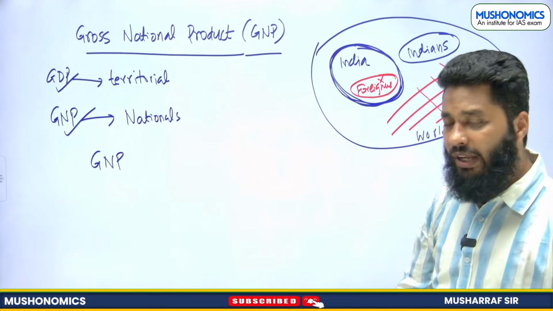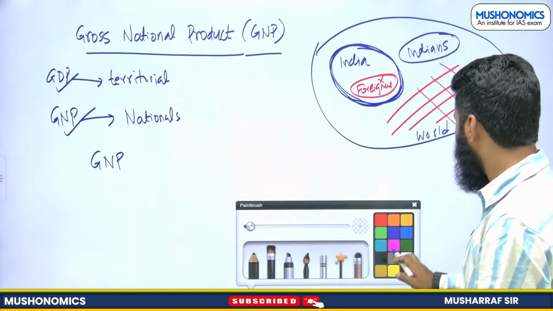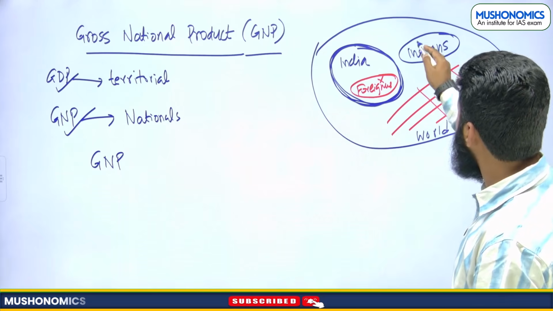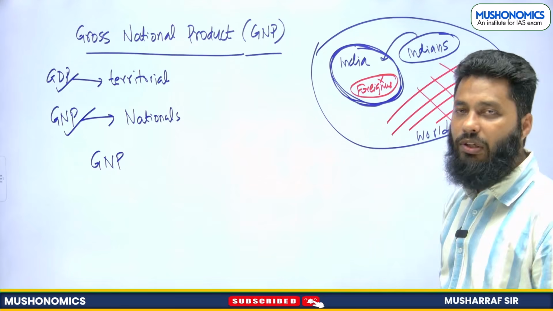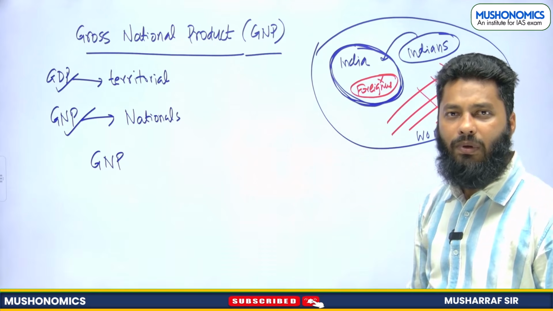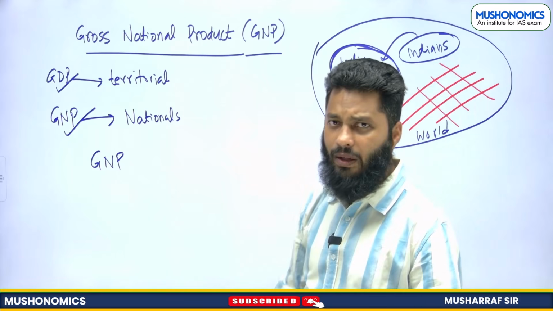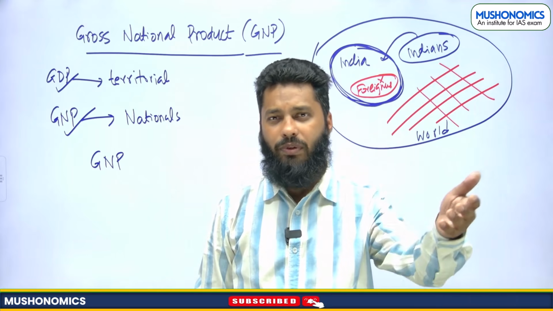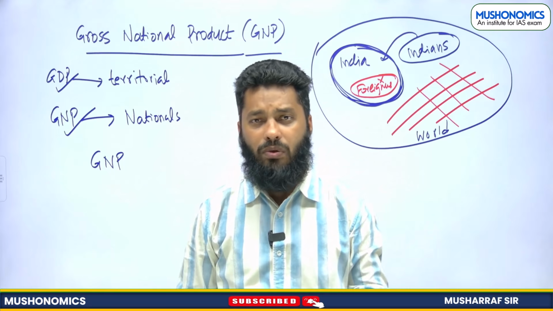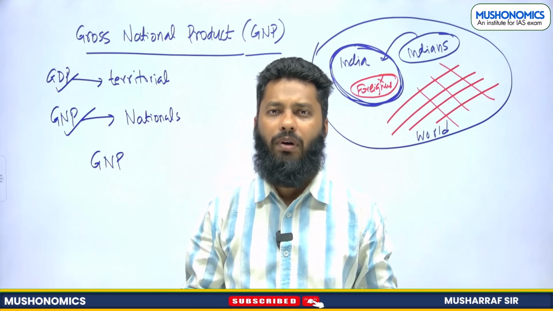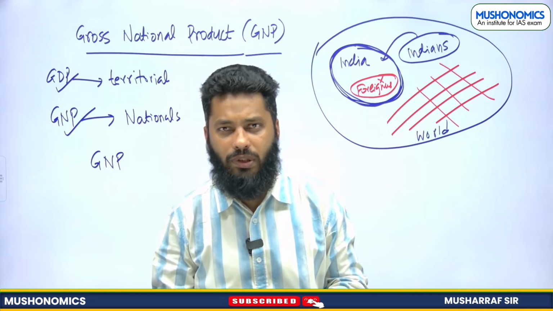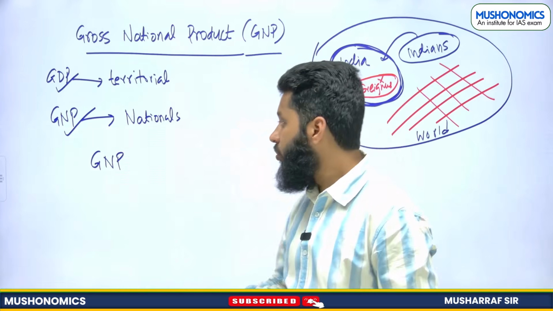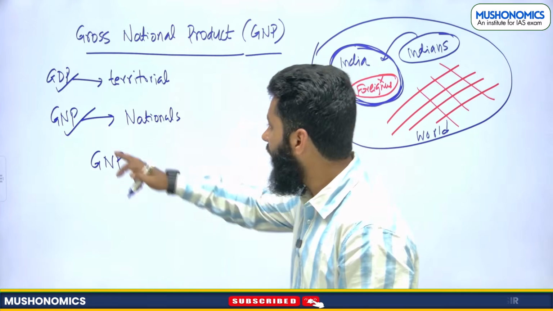And when we are calculating GNP, we have to include the calculation of these people also, right? For example, if Indians are working in the US, or in other parts of the world, the Middle East and anywhere else, when they are involved in production activities, their production should also be included under GNP.